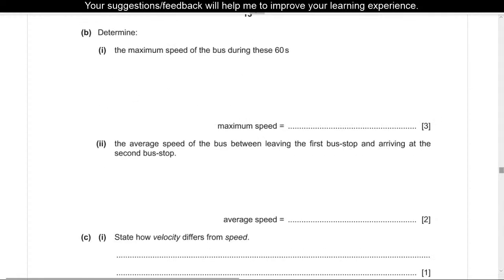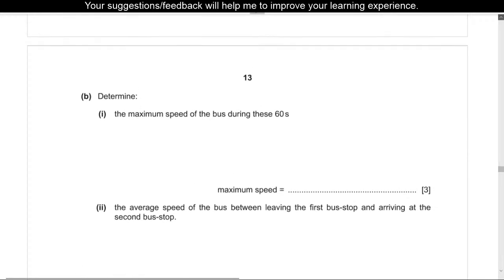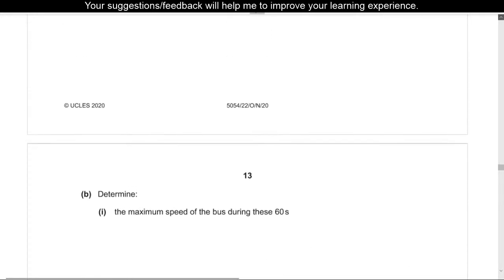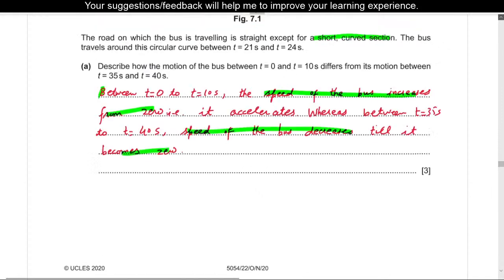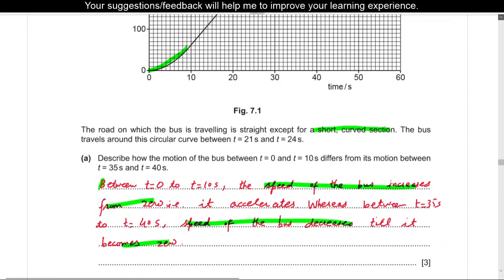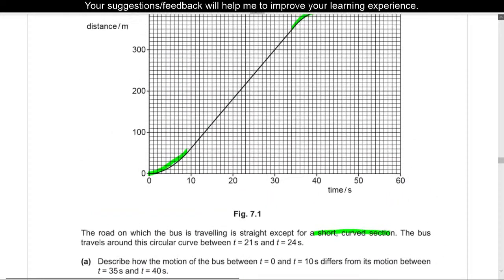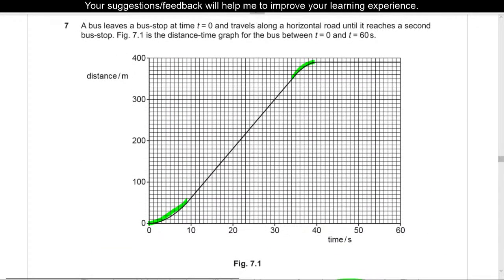Part B. Determine the maximum speed of the bus during these 60 seconds. Okay. So the maximum speed we will determine it from the graph. Between 0 to 10 seconds the speed increases, then it is constant.